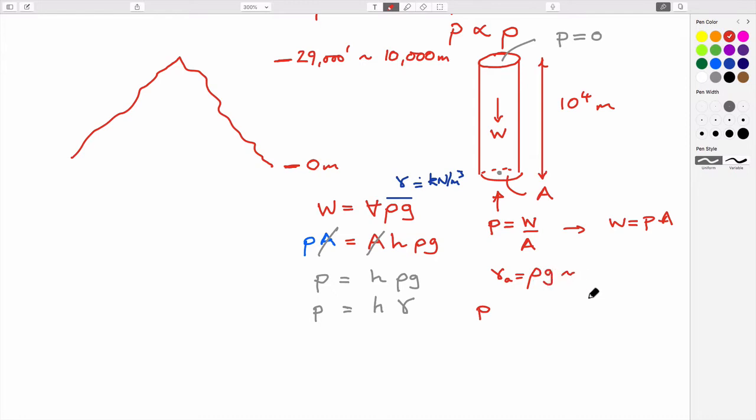Density of air at sea level is something like 1 kilogram per meter cubed. You can look it up in your tables. Gravity is 9.81 meters per second squared. Let's make this 10. So the unit weight of air is something like 10 to the 3 times 10 to the 1, which is 10 to the 4.